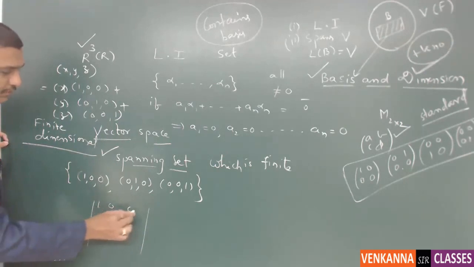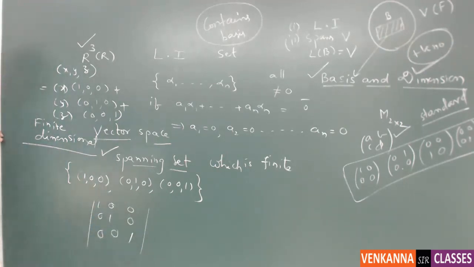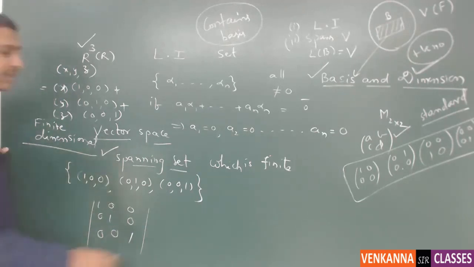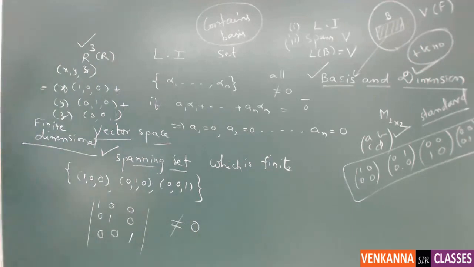If you observe that the determinant of this matrix is not equal to 0, it is a linearly independent set. If det equals 0, it is dependent.